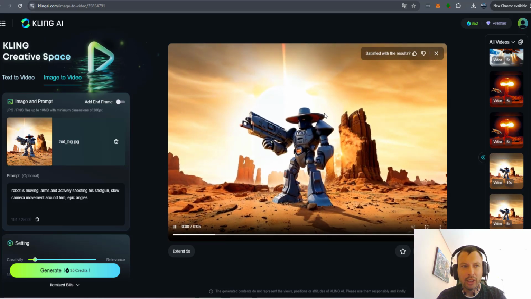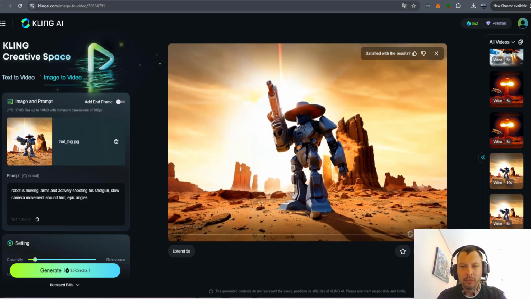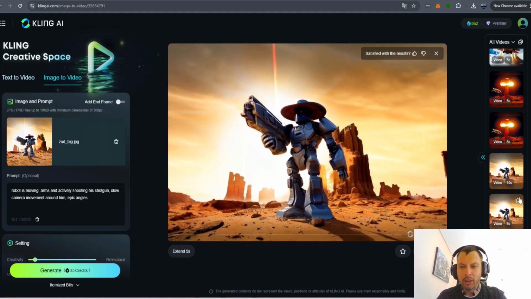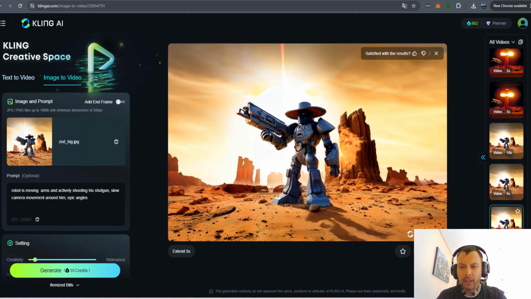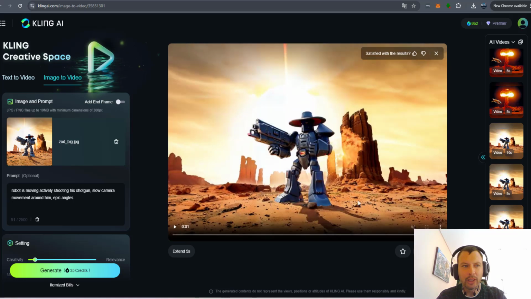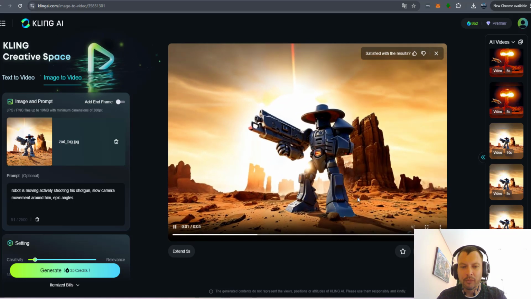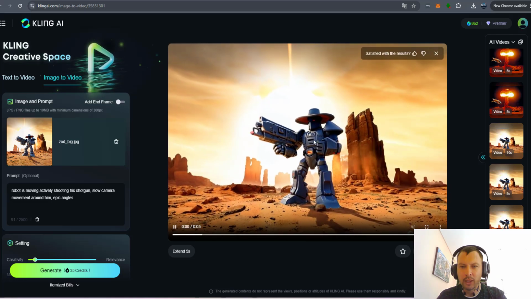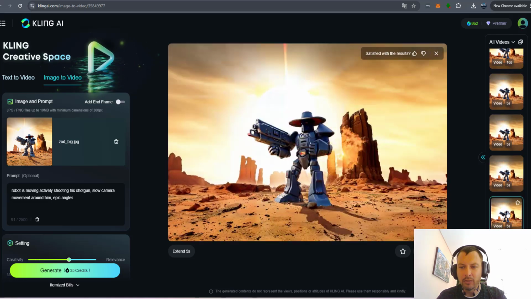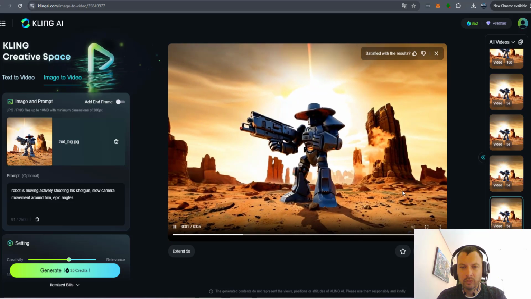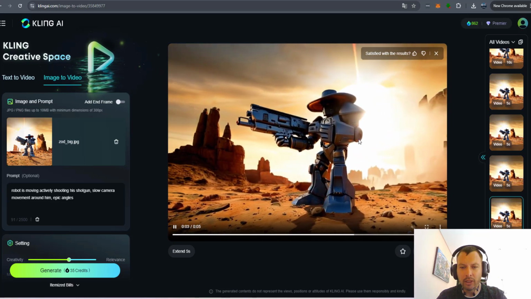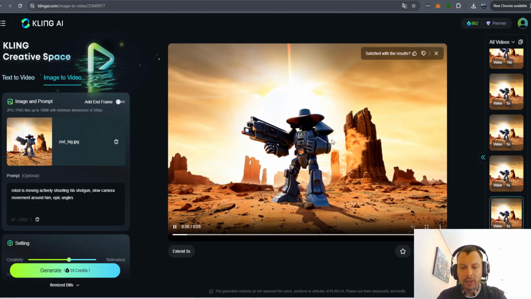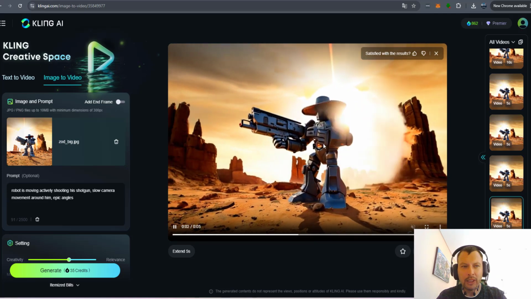I'm using the same input so you can compare. See, at least robot is moving, and it makes little more sense than what we saw with Runway. We have very nice camera movements and zoom, and it keeps consistent character. Here you can see it's even turning the camera and keeps consistency. So far Kling is winning.